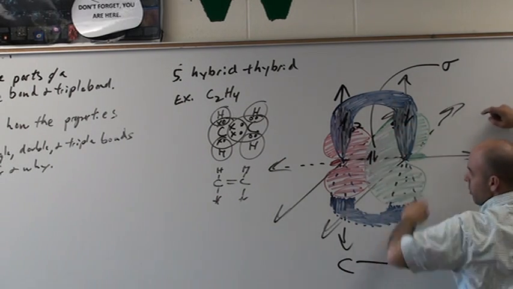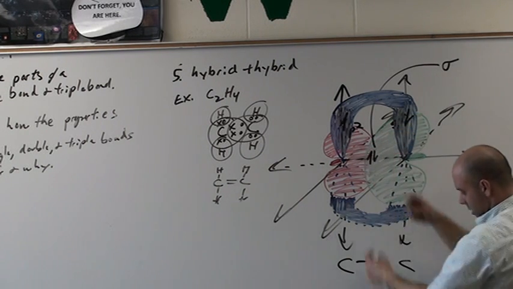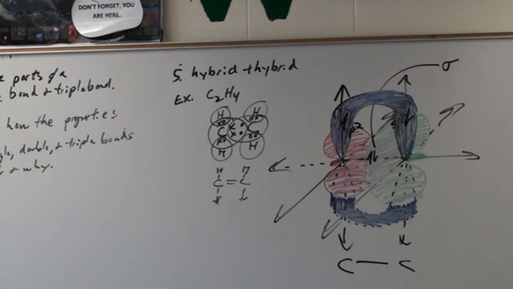And that whole blue thing represents the second bond to create the double bond. And what shall we call it? Pi. I just found out who read the book last night.